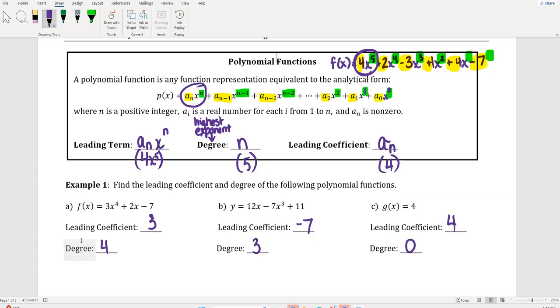Okay, so I think a few of you fixed your problems on your own. Here are the numbers that you should have. I think almost everybody had 3 and 4 on A.